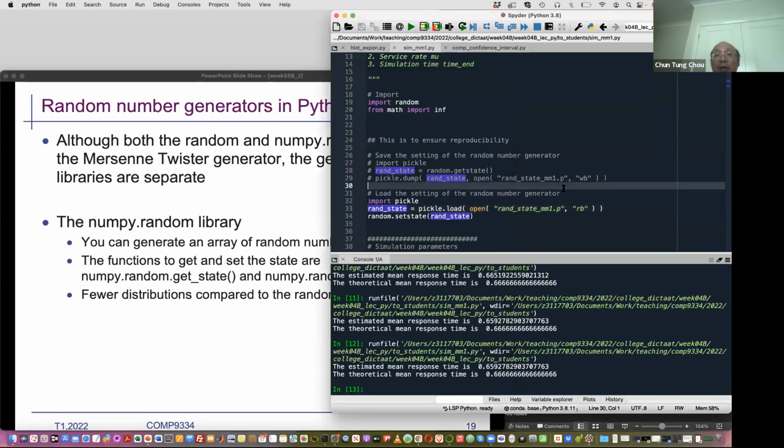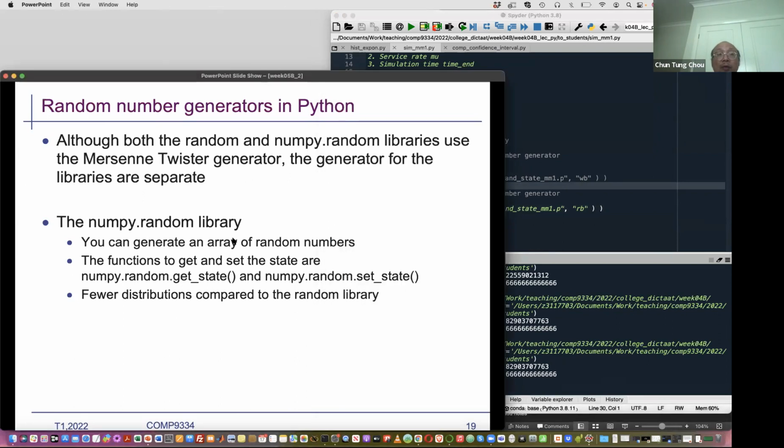Here, I showed you how I'm using the random library, so you know how to get the state. If you use the NumPy library and you want to get the state, this tells you what commands or functions you can use for the NumPy random library.